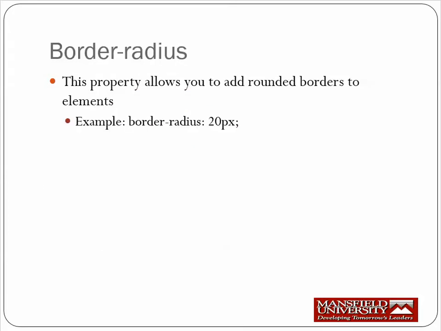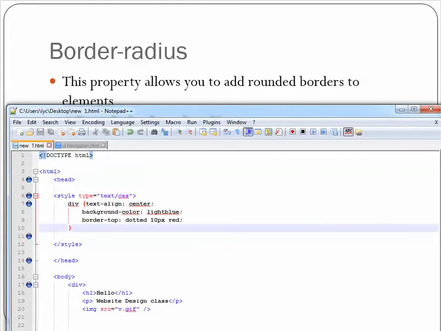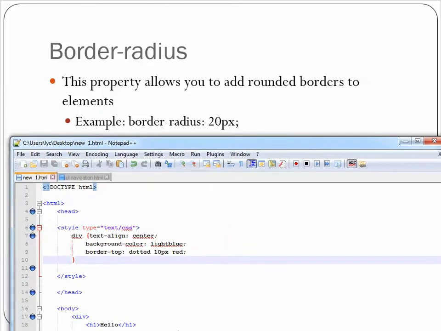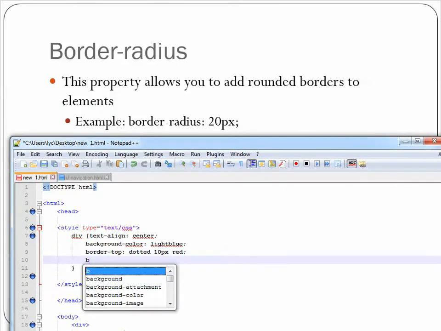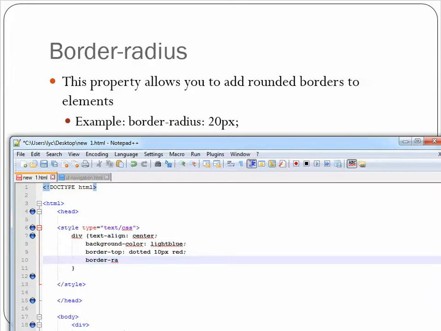For the border, we also can control the radius. That's an interesting function, so let's look at it. For the border, here we can add border-radius, 20 pixels.